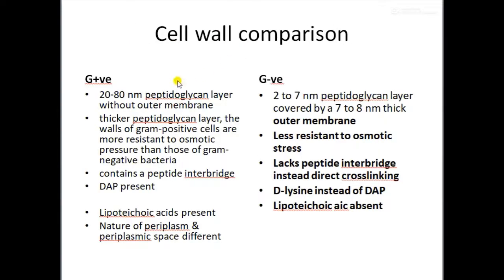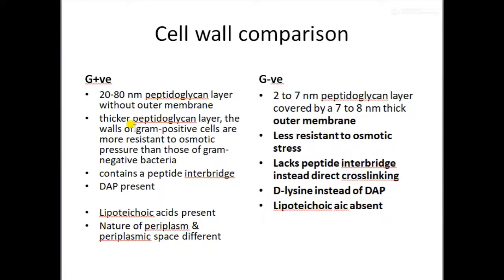And if you go to compare the cell wall of the gram-positive bacteria and the gram-negative bacteria, the gram-positive bacteria has a 20 to 80 nanometer peptidoglycan layer, which has been found to be thicker and it will not contain an outer membrane. But in gram-negative bacteria, it is 2 to 7 nanometer with an outer membrane which has been present.